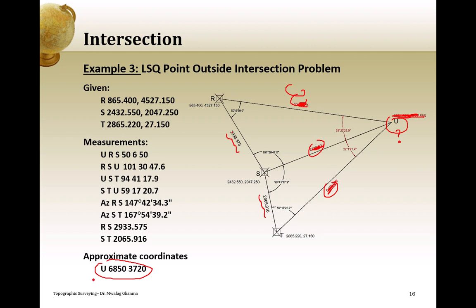I will show you how can we get the coordinates of point U, the approximate ones. The other values that we have, they are the control point coordinates. We have 4 angles that we measure, 2 azimuths that we measure, and 2 distances that also we measure.